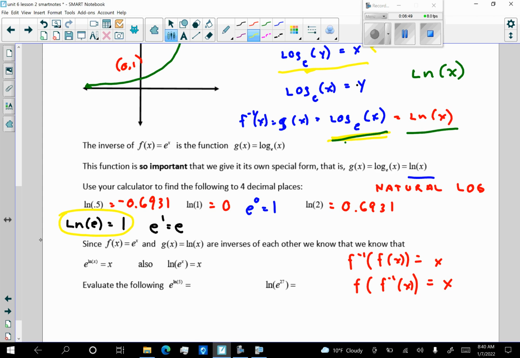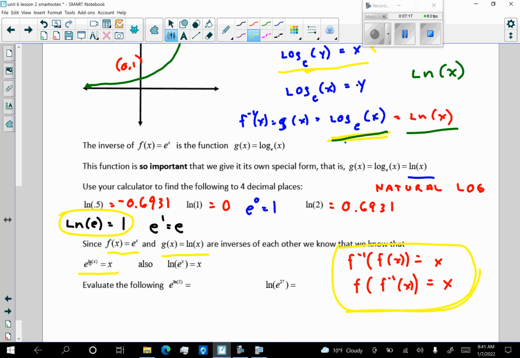The other fact is that these guys are inverses. And if they are inverses of each other, we know the formal, analytical definition of two inverse functions: f inverse of f is equal to x, and f of f inverse is equal to x. And that's what's going on here.